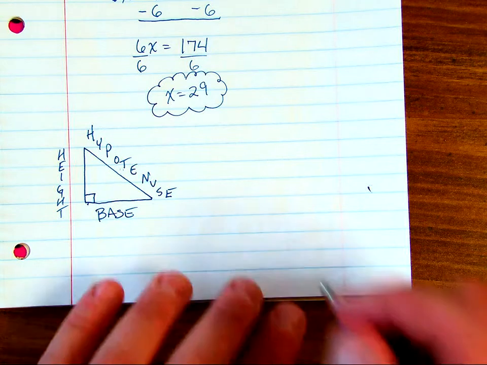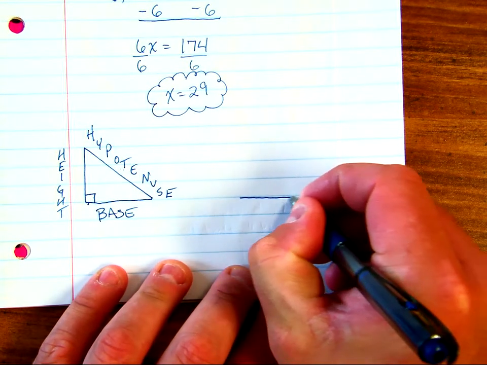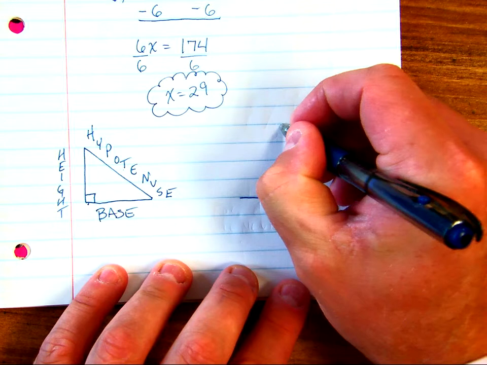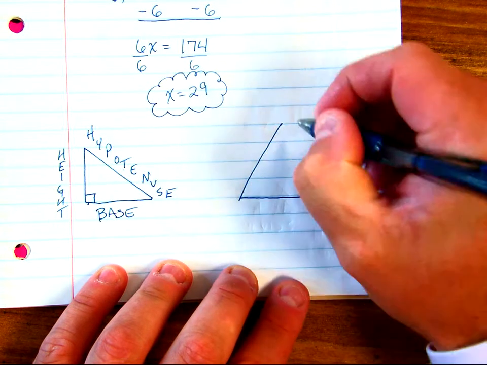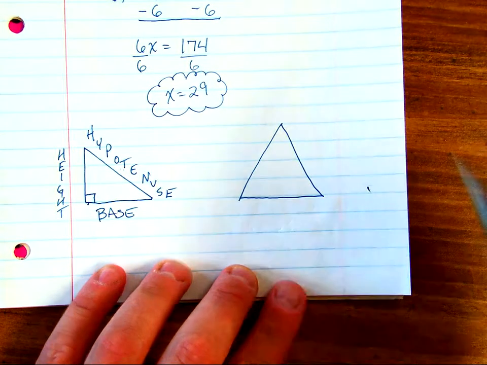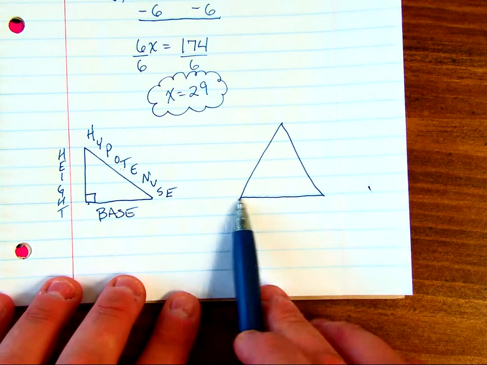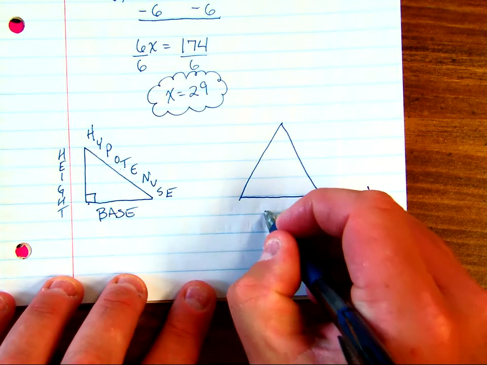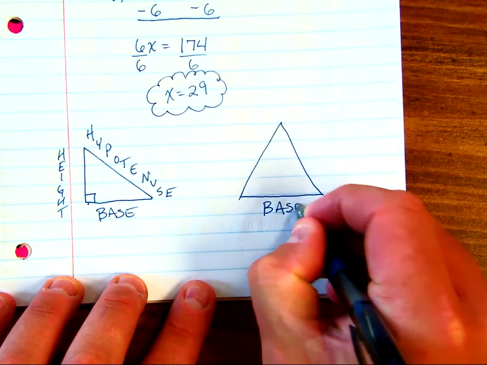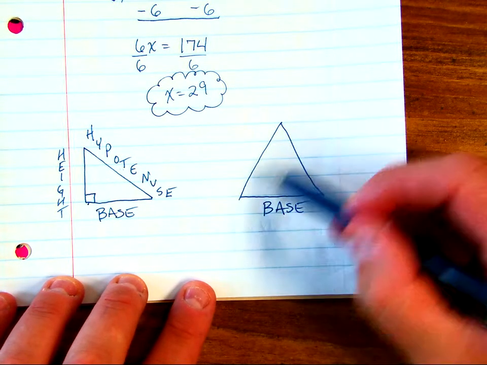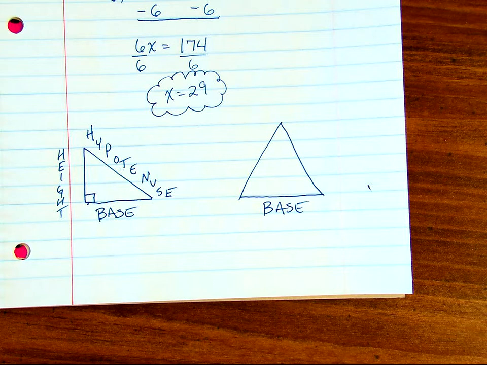Now watch this. Okay, what do we call the bottom? Base. And do you know what we call these diagonal sides? Hypotenuse? No. Height? No, height is a vertical.